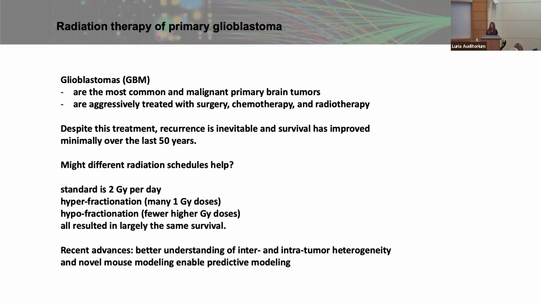GBMs don't need an introduction at this point anymore, but what we set out to investigate was the question whether different radiation fractionation schedules might help maximize efficacy of a given amount of radiation. Standard fractionation is 2 gray a day, 5 days a week for 6 weeks.